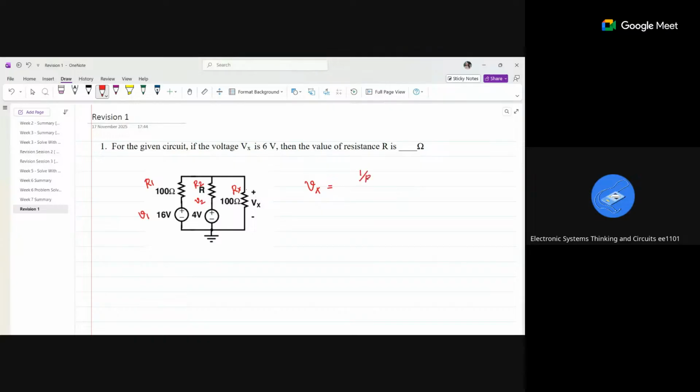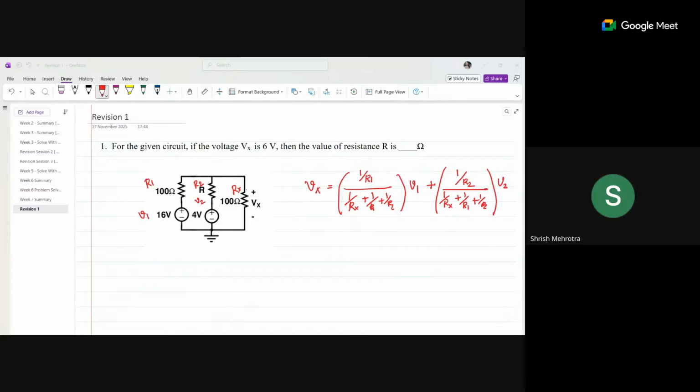It is 1 by R1 divided by 1 by Rx plus 1 by R1 plus 1 by R2, the whole of V1, plus again 1 by R2 divided by 1 by Rx plus 1 by R1 plus 1 by R2, V2, right? You guys remember this formula? Yes. Yeah, the formula is right, no?